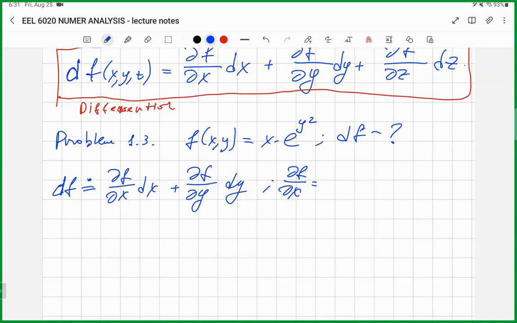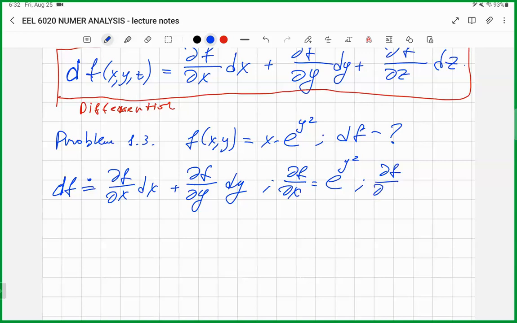Here we have x times a function of y. When I take the derivative by x, I assume y is constant, so it doesn't change. It's like a constant, so I take it out, and it's equal to e to the power of y squared, and the derivative of x by x is 1. So this is the answer for this part.